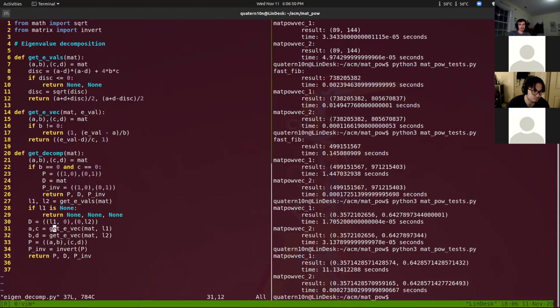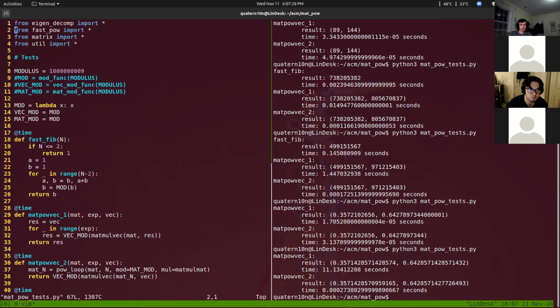Then I can get 2 eigenvectors from the matrix corresponding to those eigenvalues. Here I'm assuming the 2 eigenvalues are different. I'd have to write slightly different code if they happen to be the same. I just didn't feel like handling that case. And then P is just placing those eigenvectors in the columns of P, and P inverse I just compute as the inverse. It's guaranteed to be invertible because the eigenvectors are going to be linearly independent. So it's pretty much just doing how you would do this on paper, but using a computer.